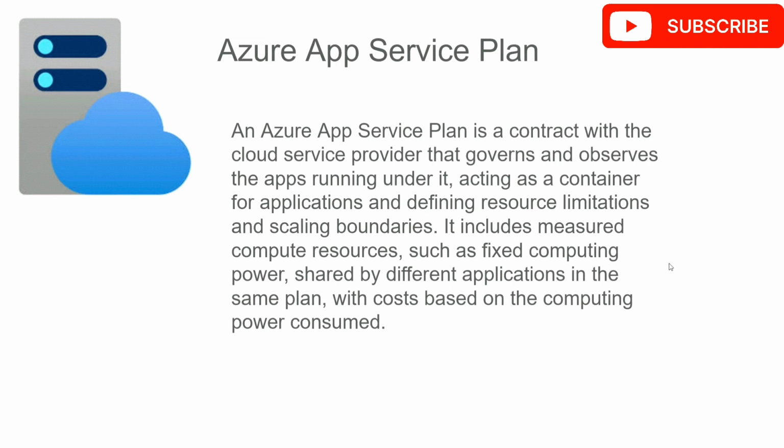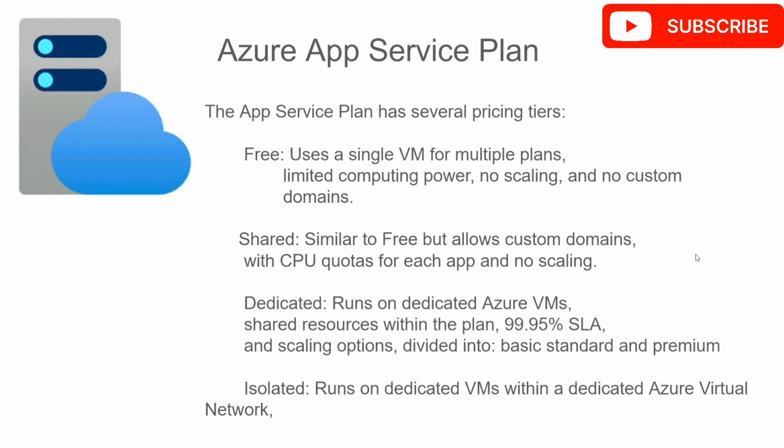Similarly to other Azure services, there is pricing involved. So we have pricing tiers for this: free, shared, dedicated, and isolated. The difference is more dedicated VMs towards your app service if you are going with isolated or dedicated.